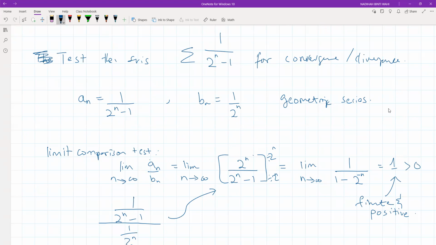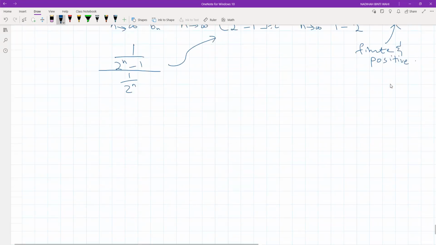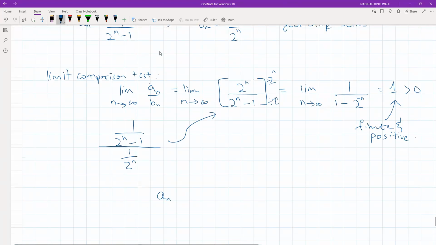But if it equals 0, you cannot say anything about that. So the next step is we can compare an with bn. Since there is a minus 1, an will be greater than bn.